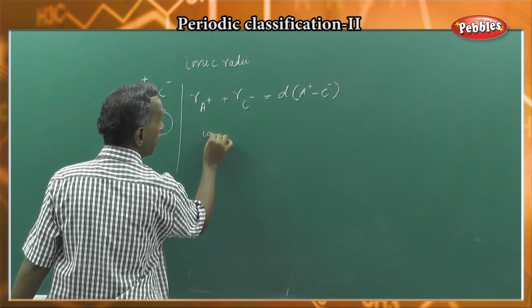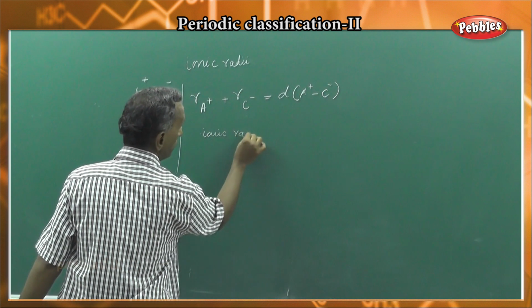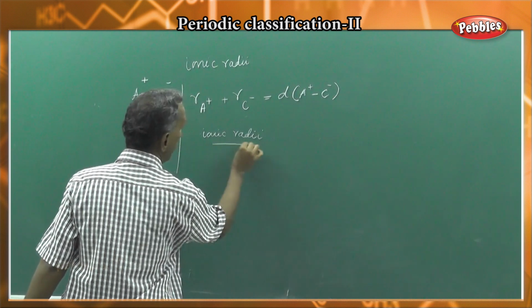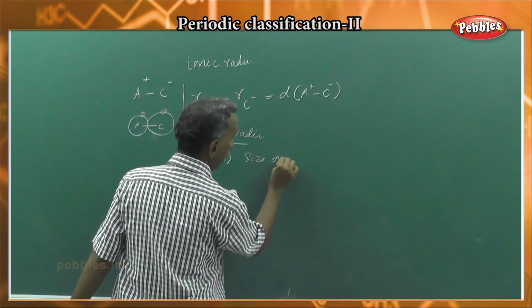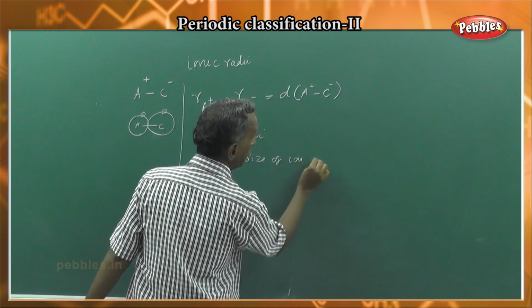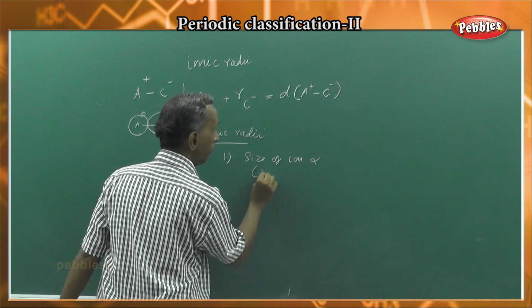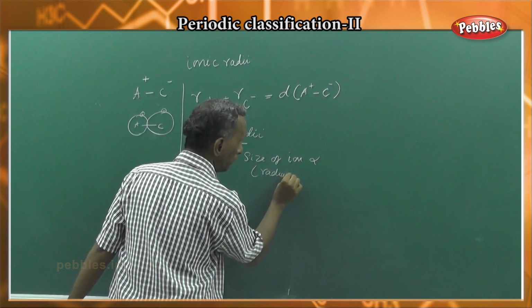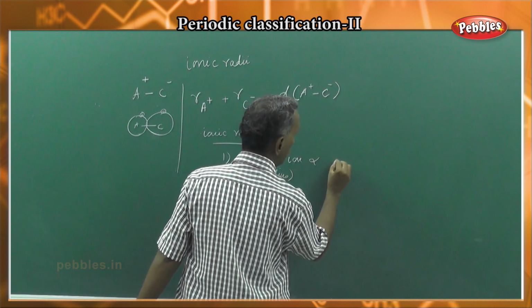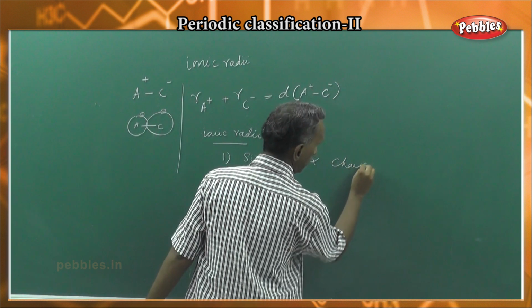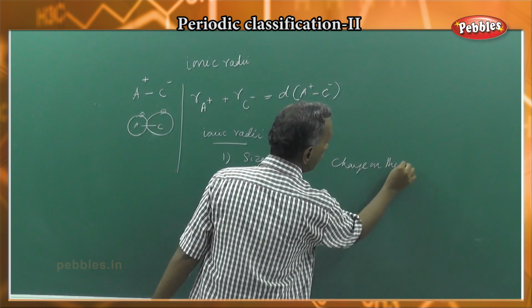With regard to ions, ionic radii, these points are to be noted. Generally the size of the ion, that is nothing but the radius, is governed by the charge on the ion.